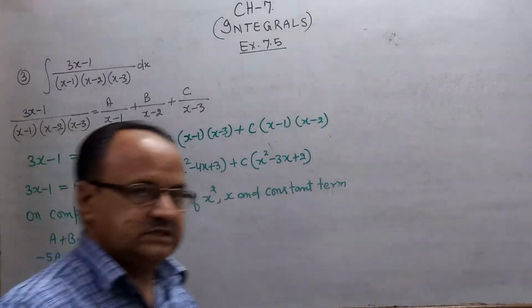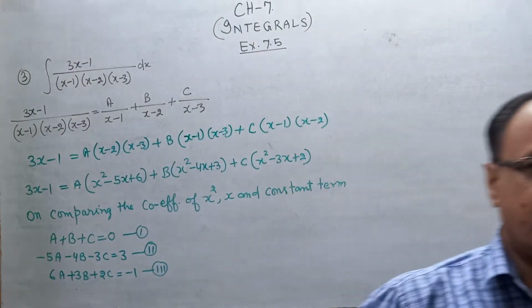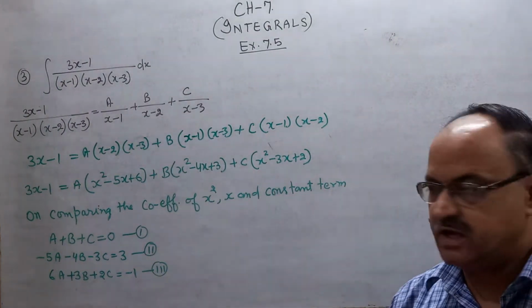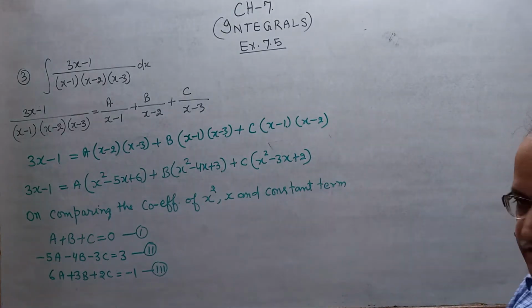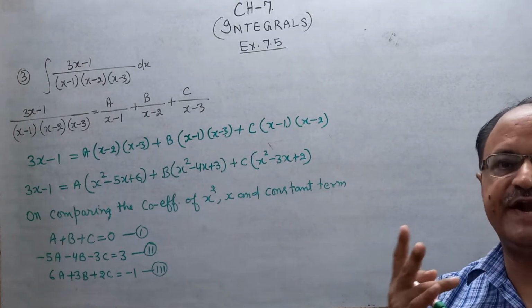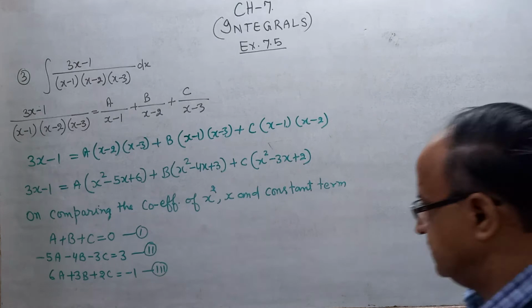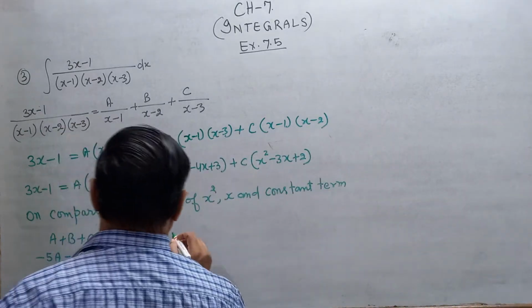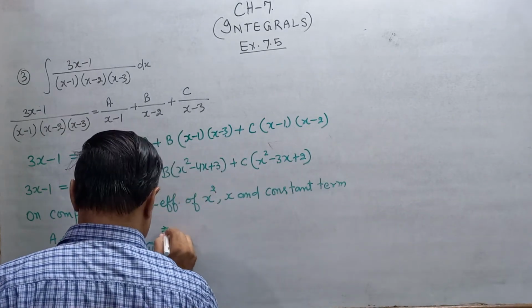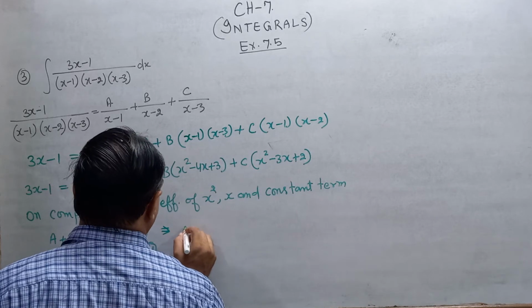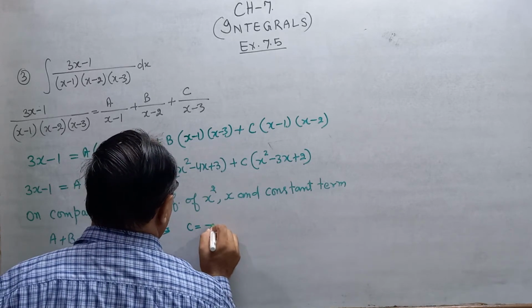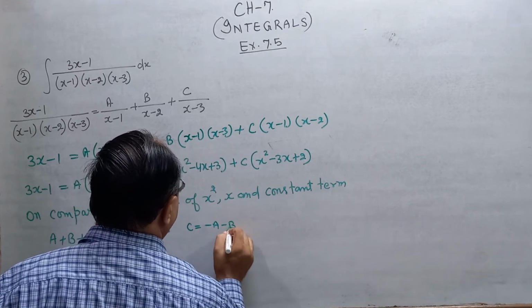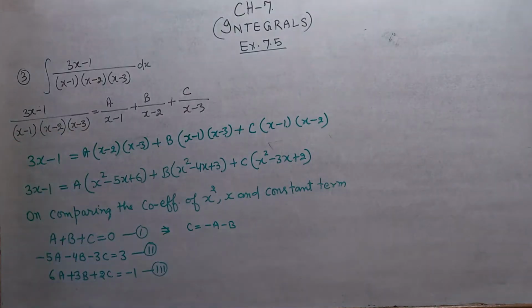Now can you find the value of a, b, c from equation number 1 to 3? Firstly convert these equations into two variables. From the first, can you tell me what is the value of c? Minus a minus b. Put this value in equation number second and third.